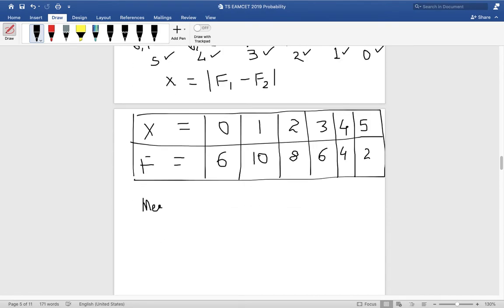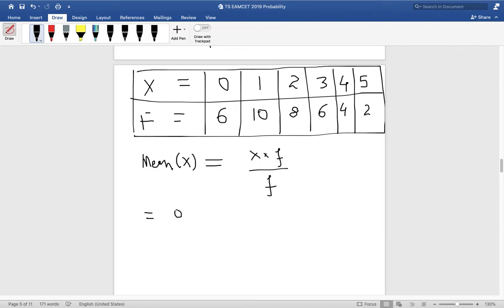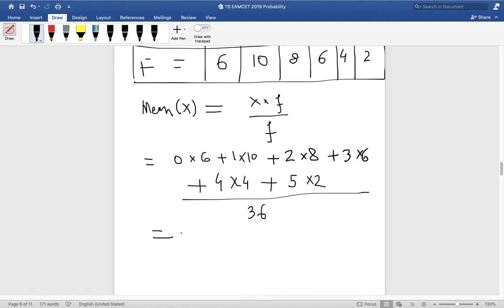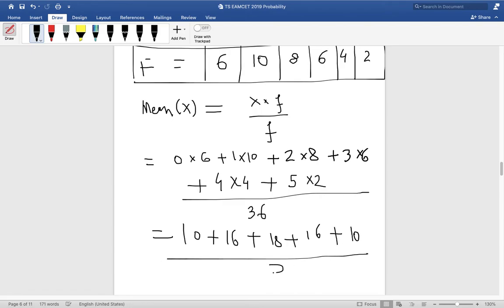So mean of x is equal to the possible values of x multiplied by the frequency of those possible values divided by the total possibilities, which is equal to 0 times 6 plus 1 times 10 plus 2 times 8 plus 3 times 6 plus 4 times 4 plus 5 times 2 divided by 36, which is 10 plus 16 plus 18 plus 16 plus 10 by 36.